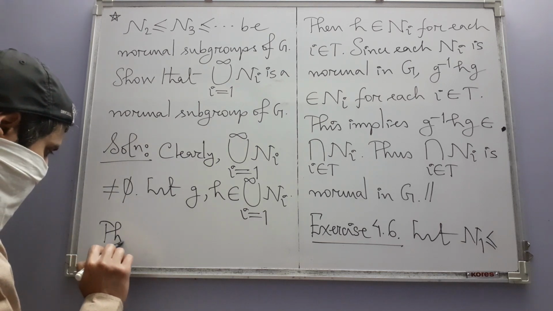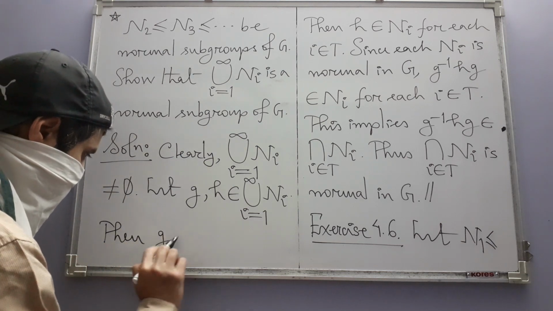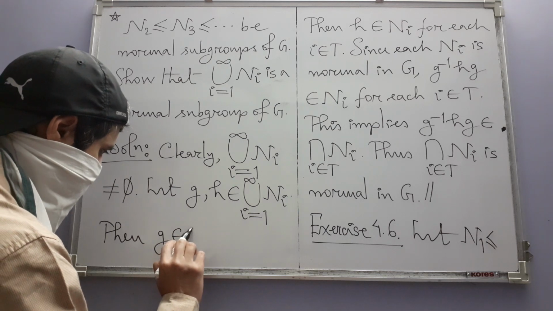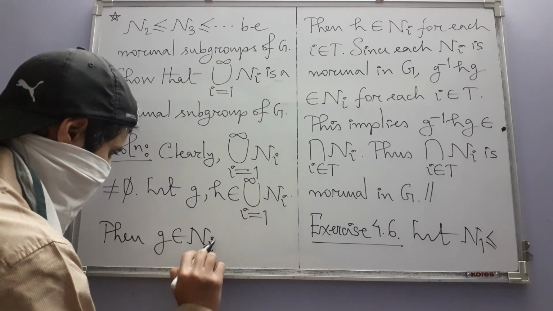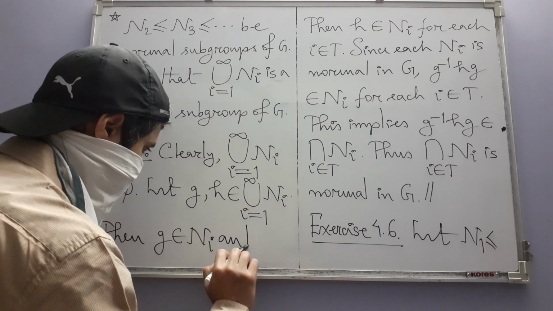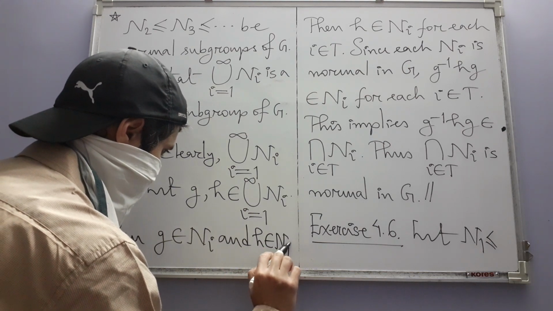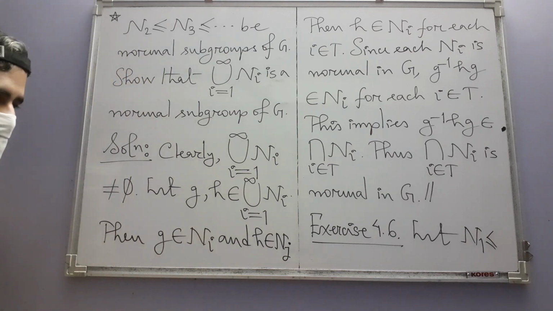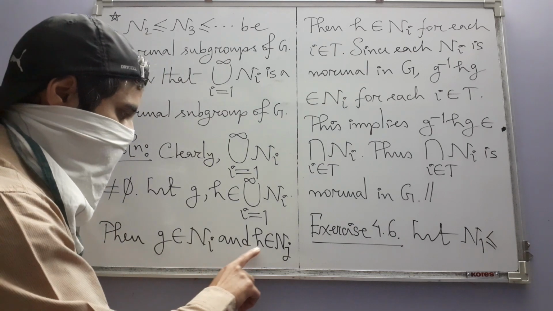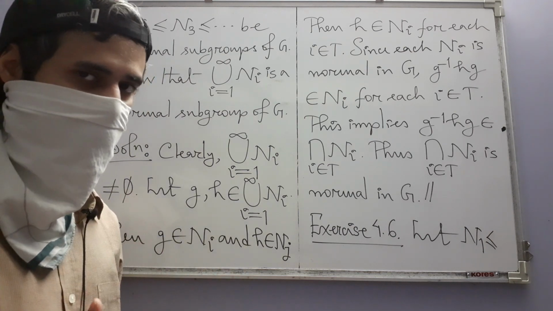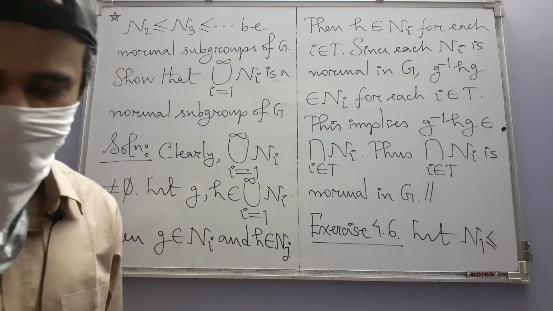So we write then G belongs to Ni and H belongs to, say, Nj. You cannot assume that H also belongs to Ni for the same i. That may not happen.